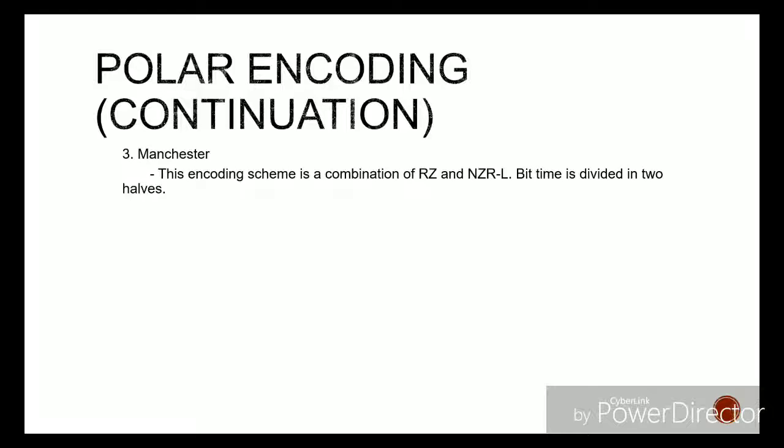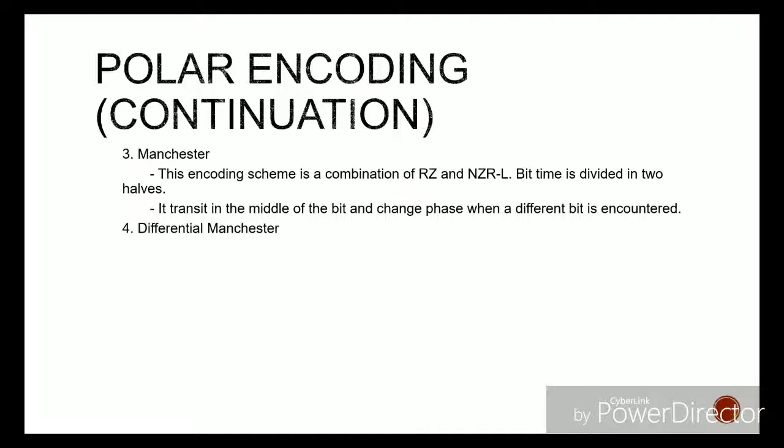This encoding scheme is a combination of RZ and NRZ-L. Bit time is divided into two halves. Manchester transits in the middle of the bit and changes phase when a different bit is encountered.